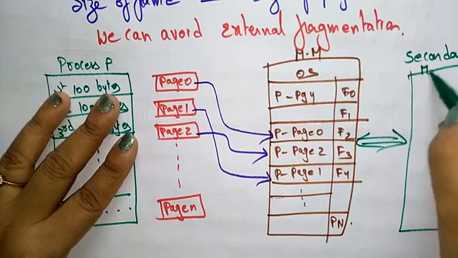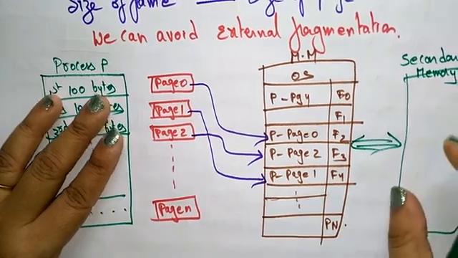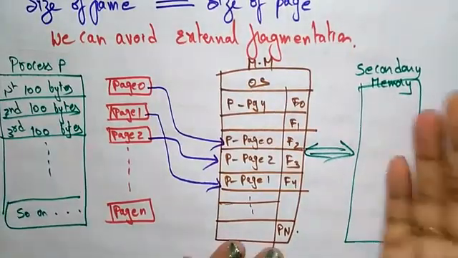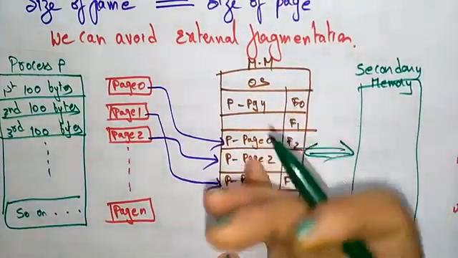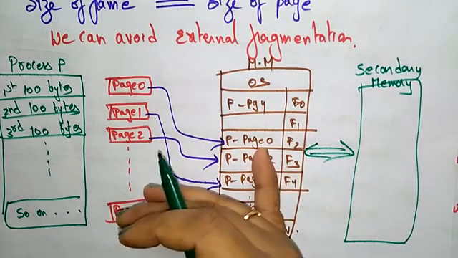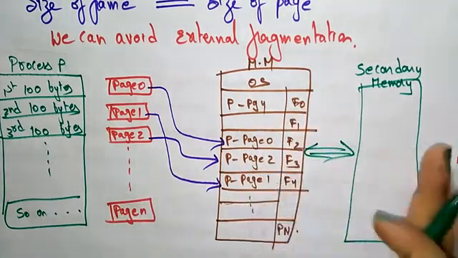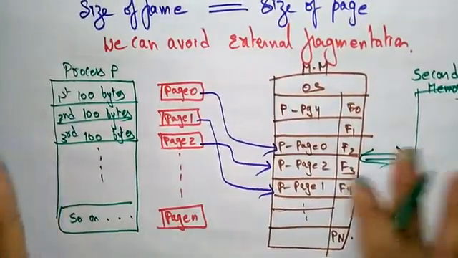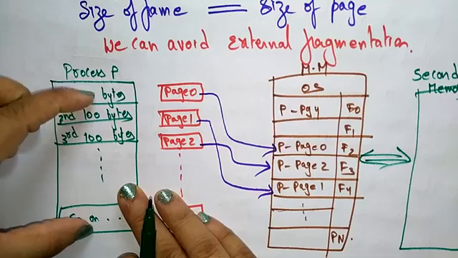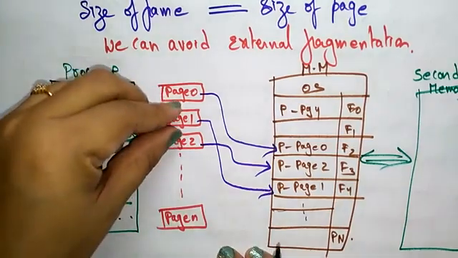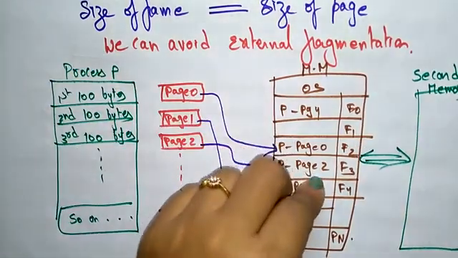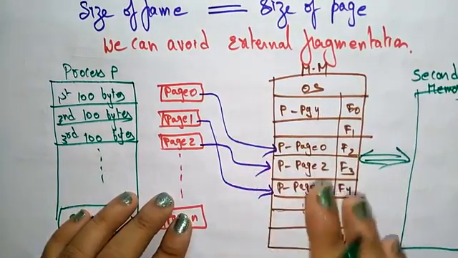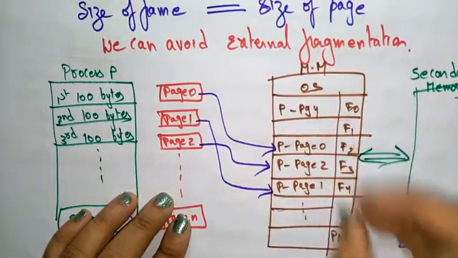This is a secondary memory, like a disk, which holds the data that is not used frequently. Whenever the main memory is free, you swap it back to main memory. This is how the paging concept works. First the process is divided into pages, and the pages are stored in main memory as frames.